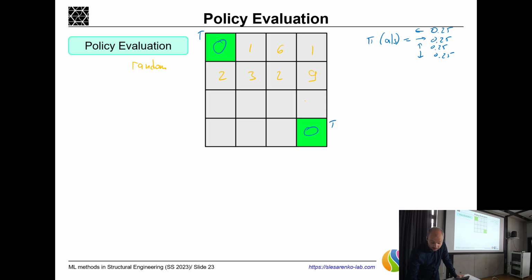Let's say 2, 2, 1. 5, 4, 3, 3. This is just random generation that will not satisfy the criteria for the optimal V for the selected policy. It doesn't really make sense. It doesn't satisfy any equations right now. It's just random.